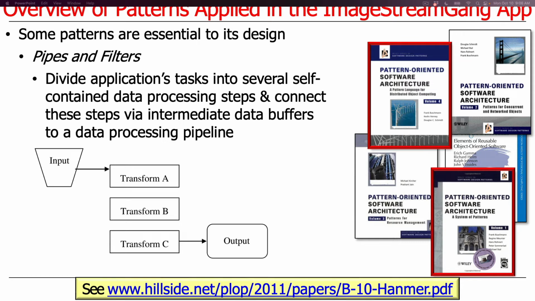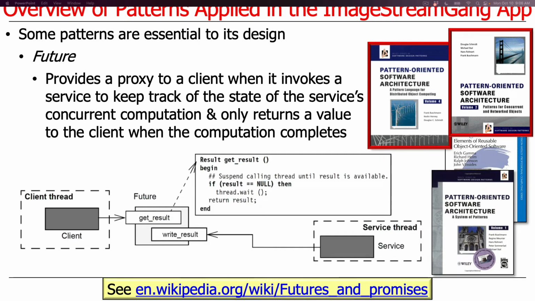So if you think about what a Java stream is, that's exactly what it is. We've talked about that before. So that pattern is really important to understand when you're thinking about the design of this case study, and more broadly when you're thinking about the design and use of streams and parallel streams. There are other patterns important too.